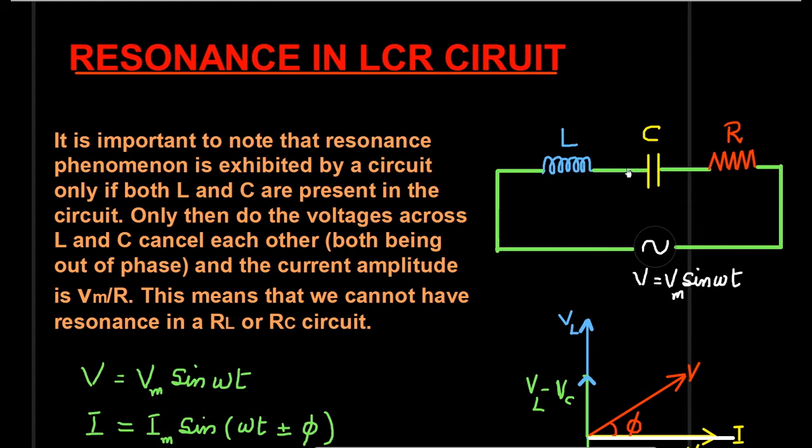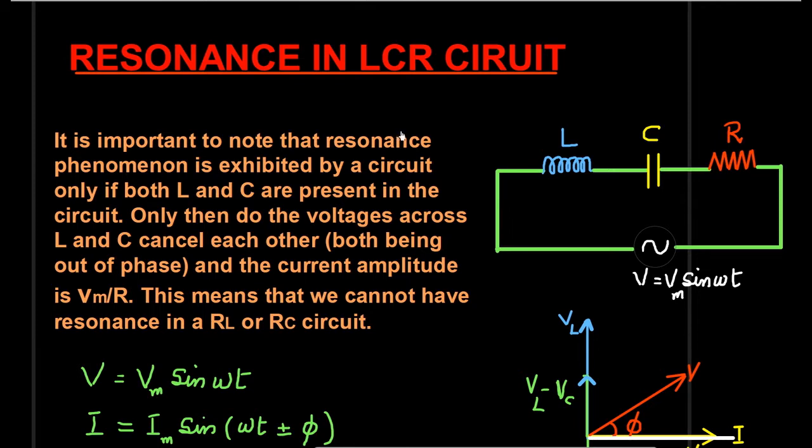A series LCR circuit is connected to an AC source which supplies a sinusoidally varying potential difference across this combination. Let V be the potential difference supplied by the source at time t, so that V equal to Vm sin omega t, where Vm is the voltage amplitude and omega t is the phase angle.